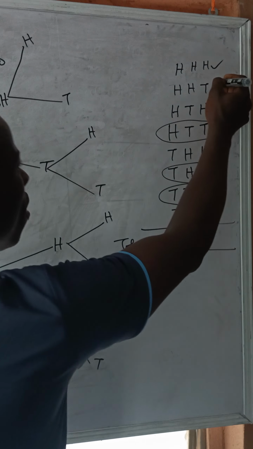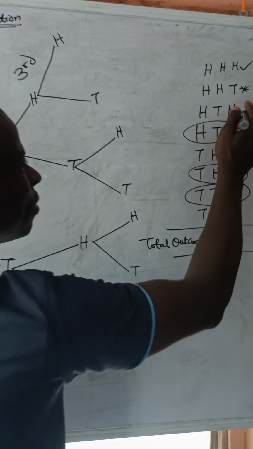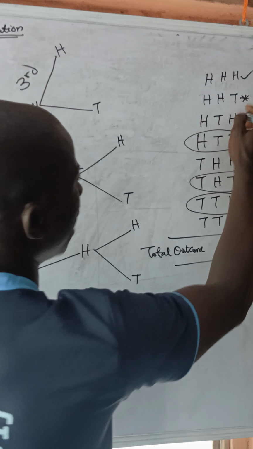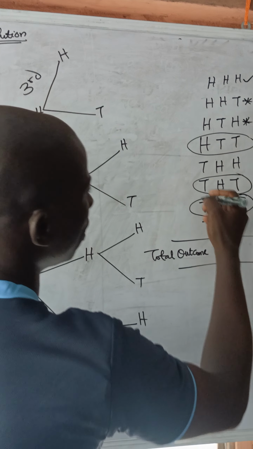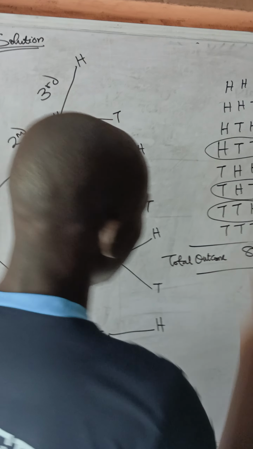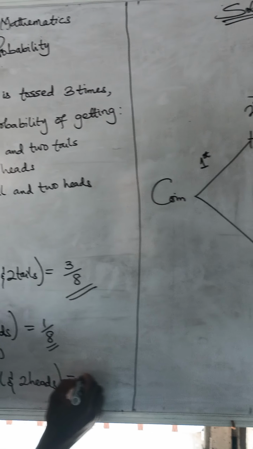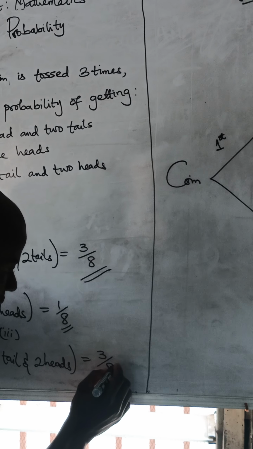So let's go. Yes, here we have 1. We have 2 heads and a tail. Yes, we have 2 heads and a tail here also, and here also. So that's all. The probability of getting a tail and 2 heads is 3 over 8.